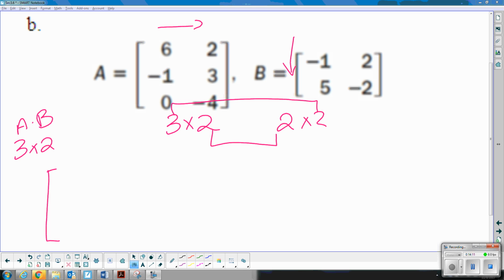So we're going to have 3 rows in our final product matrix. Okay, but we're going to start the same way. 6 times negative 1 plus 2 times 2.